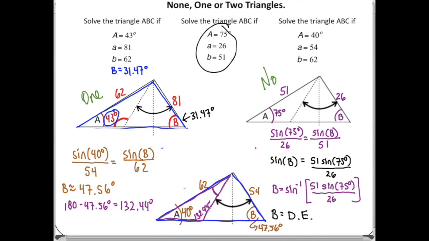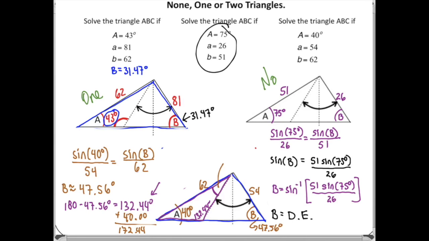And the answer is yes, because if I take this amount right here and add the 40 degrees to that, I'm going to get 172.44 degrees. And so that means this angle right here can exist, okay?